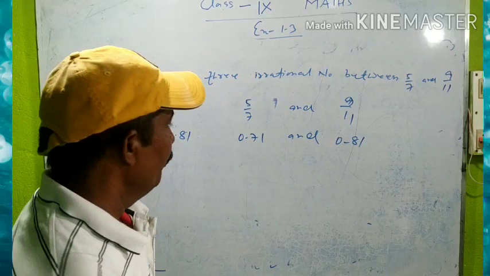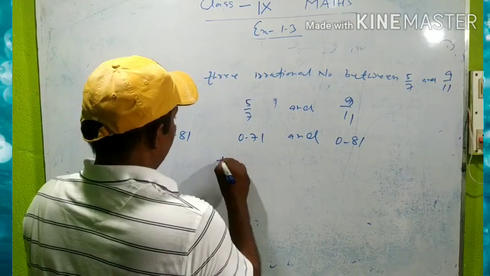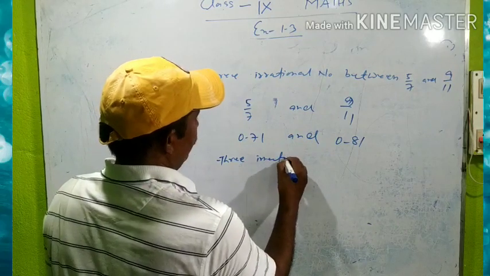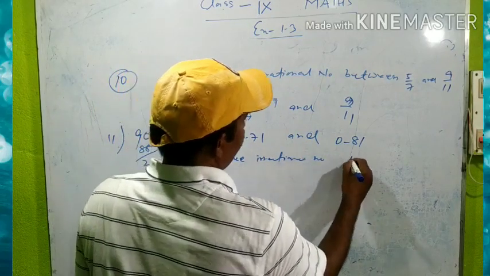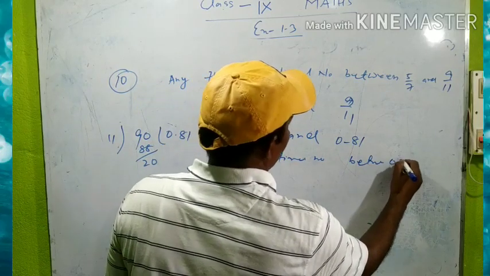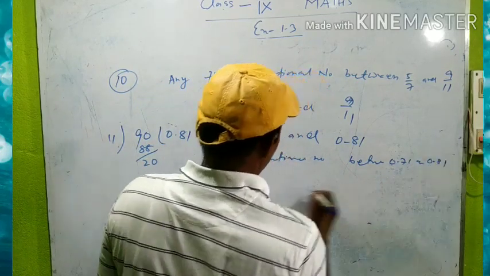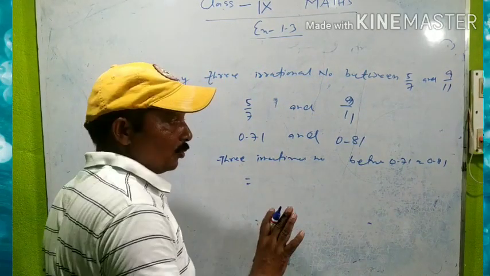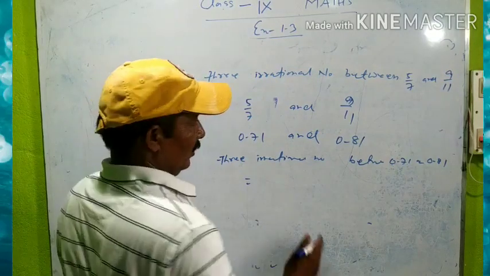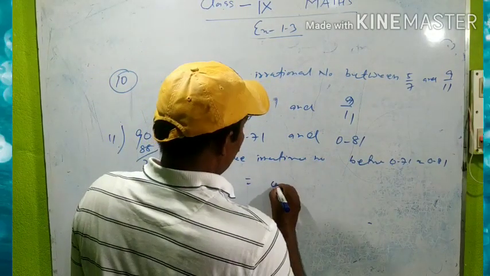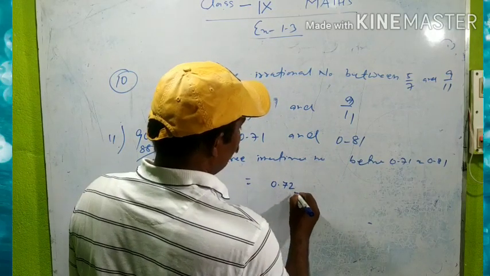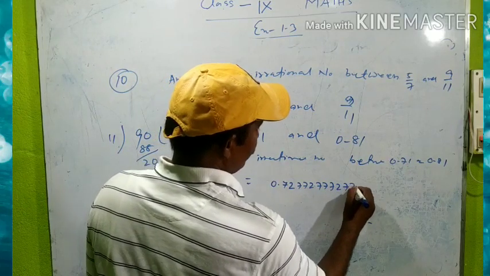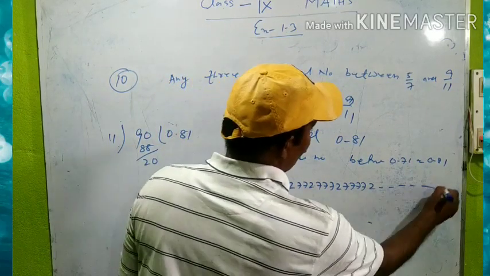So 3 irrational numbers between 0.71 and 0.81: any three numbers we will write, but keep in mind they should be non-repeating and non-terminating, like 0.72, 0.72772777, following one pattern.